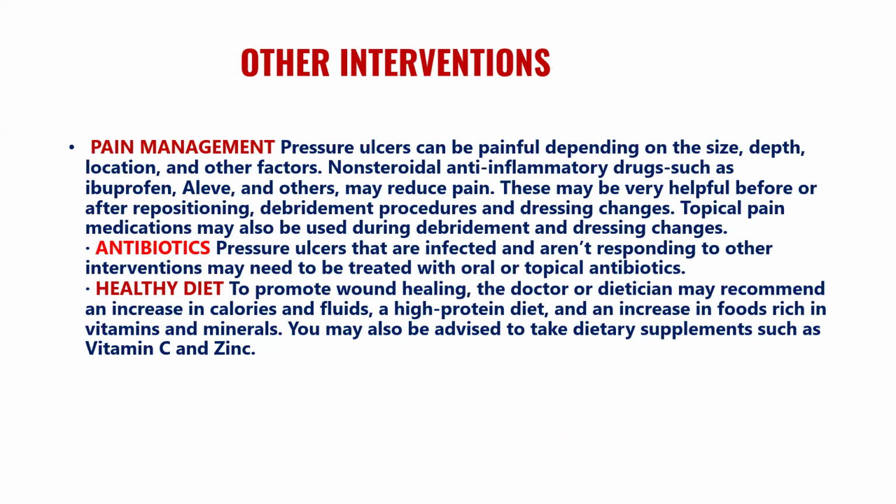Other interventions such as pain management, antibiotics, and healthy diet. We'll spend some time on pain management. First of all, you have to understand that this type of pain is a mixed type of pain.